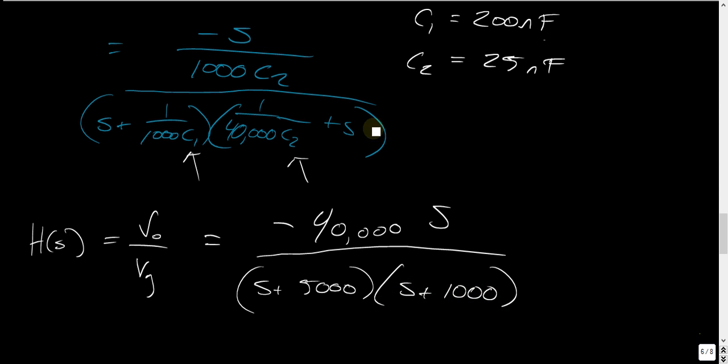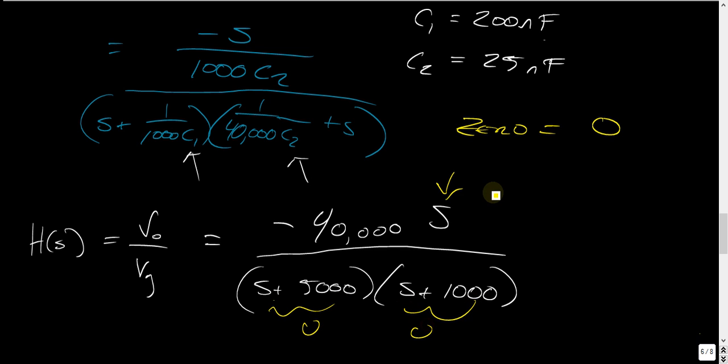And at this point, to find our poles and zeros, it's quite elementary. You can just see that our zero equals 0, because remember, it's the numerator that equals 0. Our poles are when this is 0 and this is 0. So the poles equal negative 5,000 and negative 1,000.